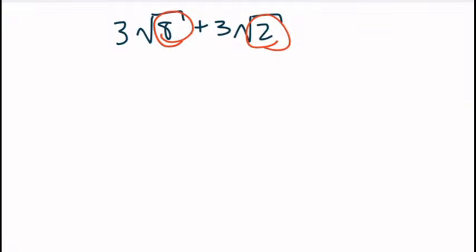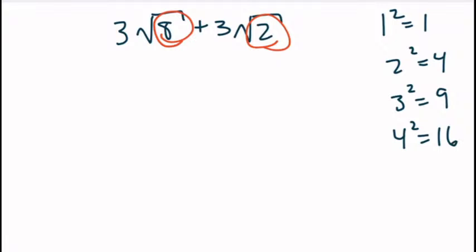So what I mean by that is 8 is divisible by a perfect square. And I'm just going to list them on the side so we can refresh our memory. 1 squared is 1, 2 squared is 4, 3 squared is 9, 4 squared is 16, 5 squared is 25, 6 squared is 36, and so on.